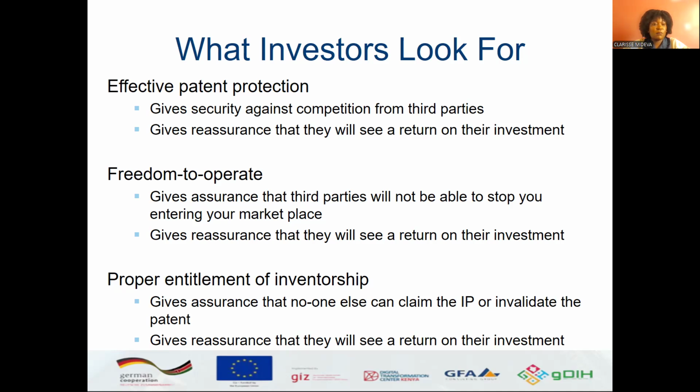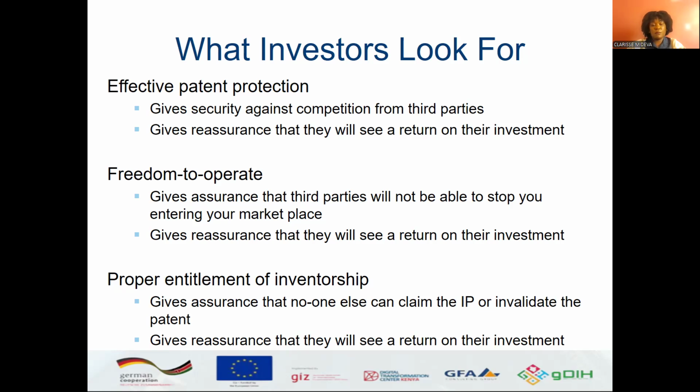When an invention arises, what are the steps you will take to ensure that it is first of all protected, so that when an investor comes, they are aware that they are coming to an SME that is well established and has done proper documentation of their invention.